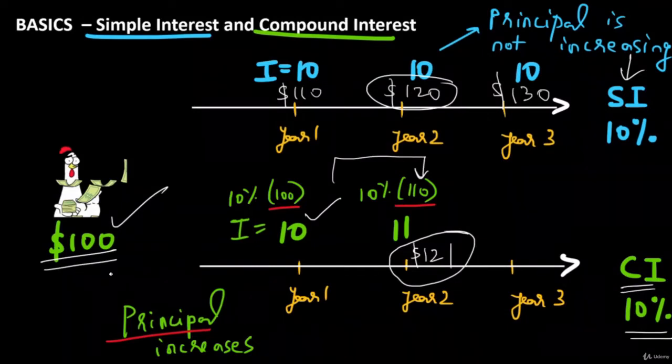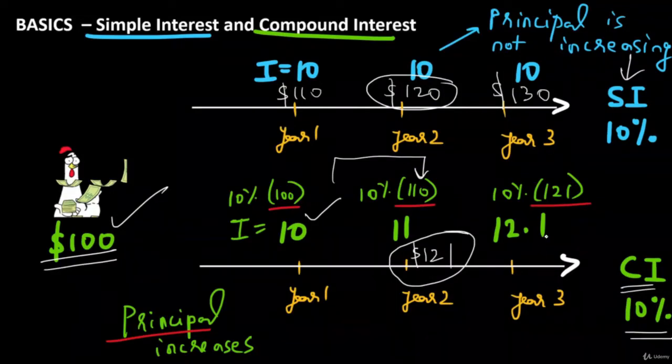All right. So that would be 10% of 121, which is equal to $12.1. All right. So the total amount that he could get back at the end of year 3 is 121 plus 12.1. How much is that? That's equal to 133.1.